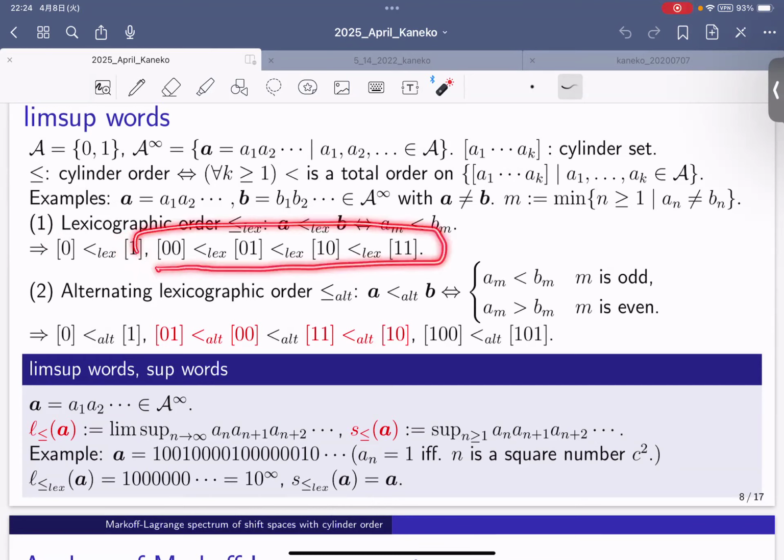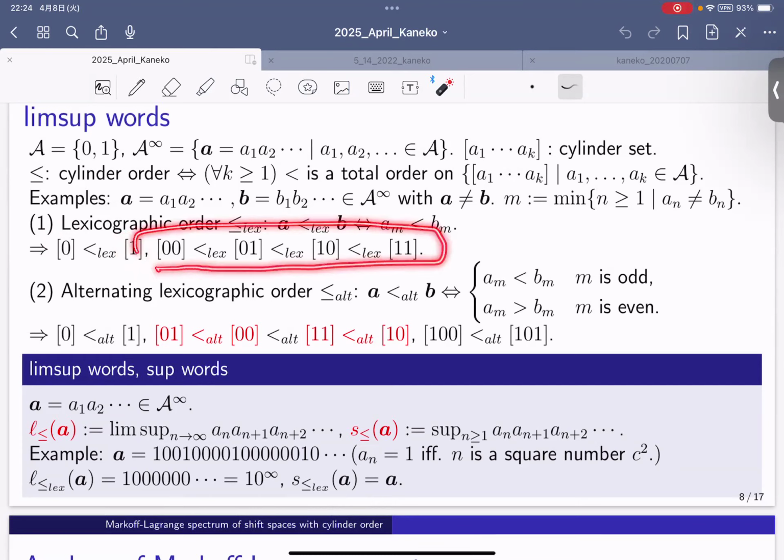For example, so this is a review. We consider the lexicographical order, and AN is 1 if and only if N is a square: 1, 4, 9, 16, or something. So the lemma subword is 1, 0, 0, 0, and it's 1, 0 infinite.